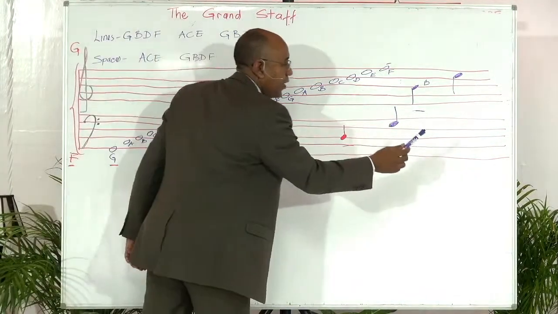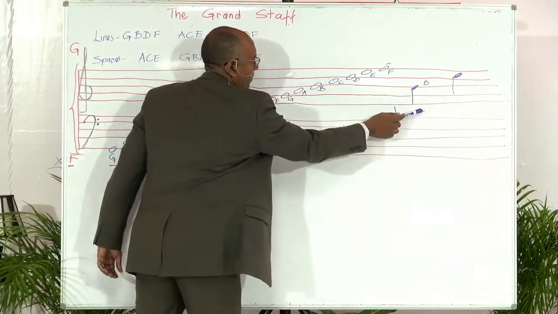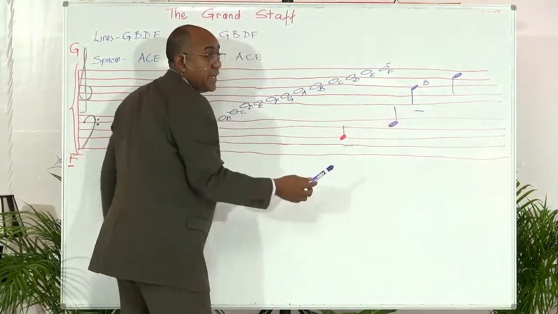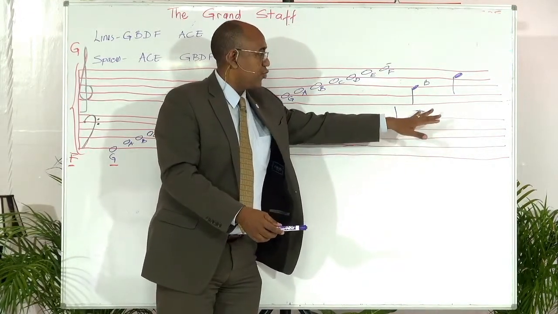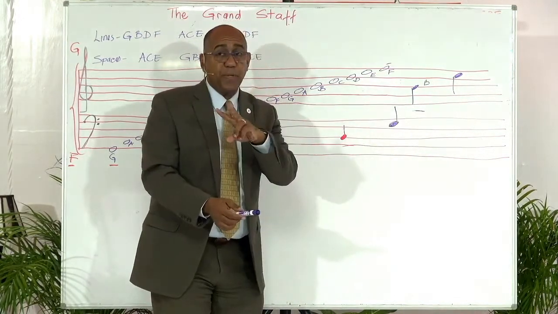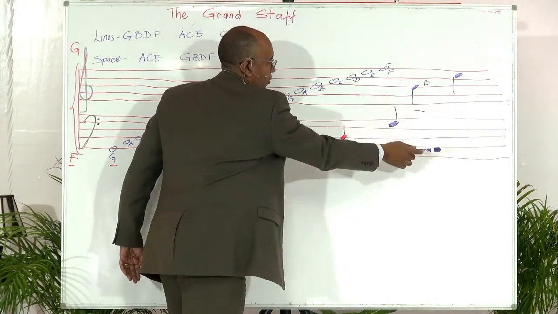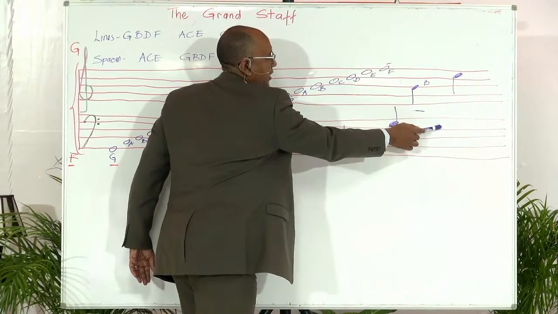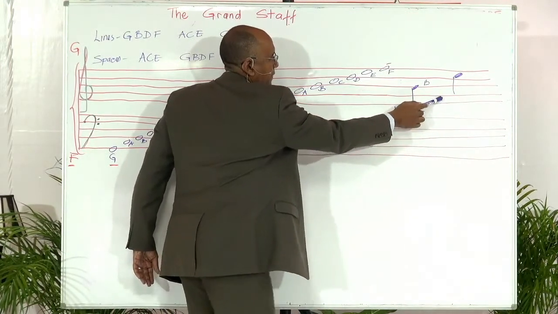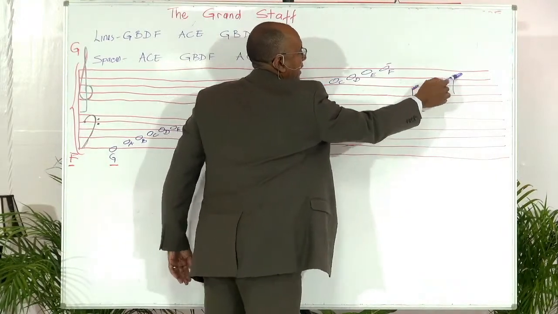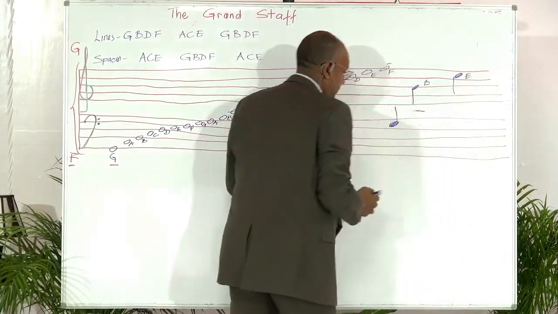So if we go from the lowest space, A, C, E, G, now remember, because the line is in the middle of the treble and the bass clef, there are two spaces that occupy that middle portion. So it will be A, C, E, G, B, D, F, A, C, E. And this note will be E.